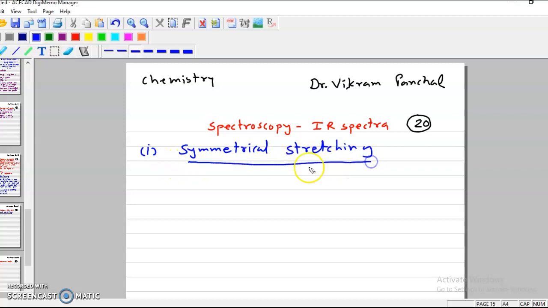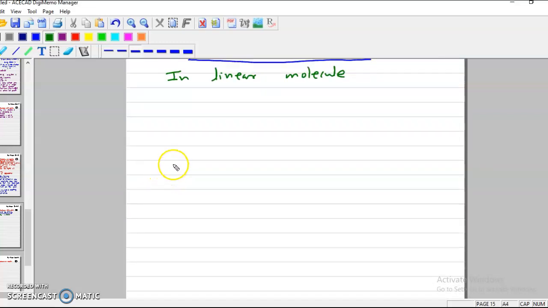There are two types of molecules, and therefore we will see symmetrical stretching in both types. The first one is linear molecule. Here we assume ball and spring model for molecule. So these are atoms of a linear molecule, and the spring is bond.